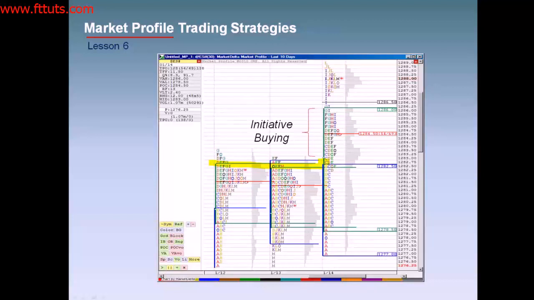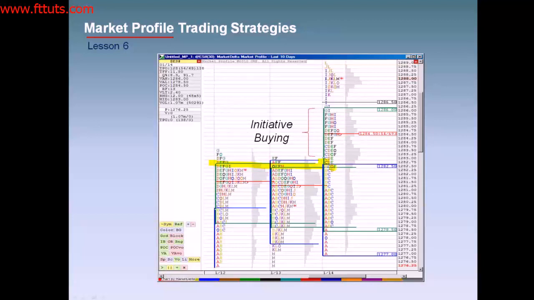So prices now are starting to move outside value. Is it initiative or is it responsive? Well, since it's beginning the move up, it's certainly initiative. Has it been met with responsive selling? Yes, we did get a little bit of responsive selling. But then what happened? When we got a little bit of selling, prices did not deteriorate that far back.